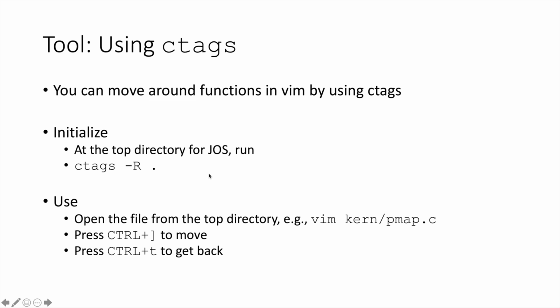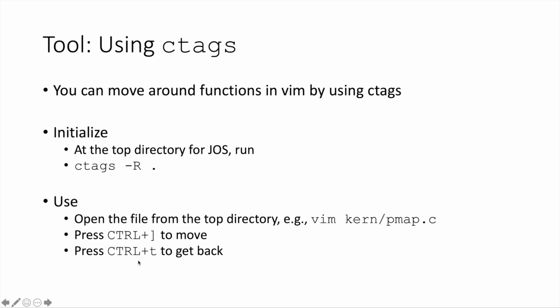If you do that, you can navigate across the files by pressing Control and right square bracket to take a look at the implementation of a function or the definition of a variable, and you can get back to the original position by pressing Control T.